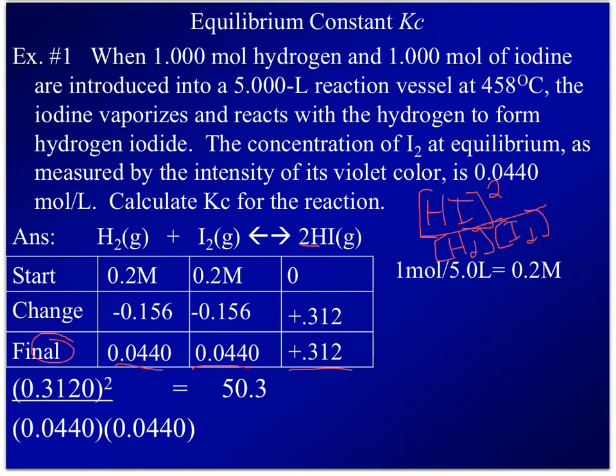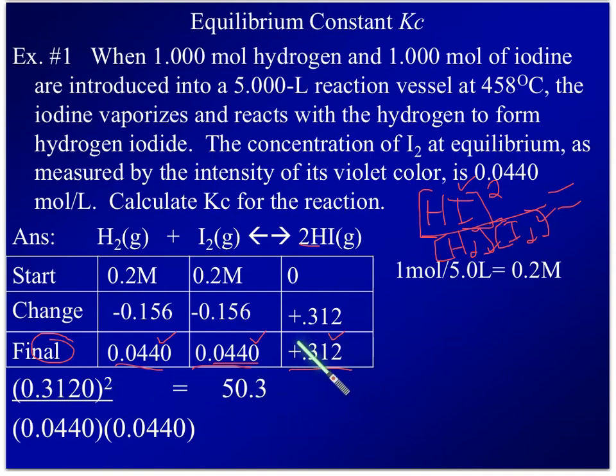So what we're going to do now is take 0.044 and plug it in for hydrogen, 0.044 for iodine, and 0.312 for HI, and then we're going to square that one because we're plugging it into the equilibrium expression. So that's what I did down here. HI is going to be on top.